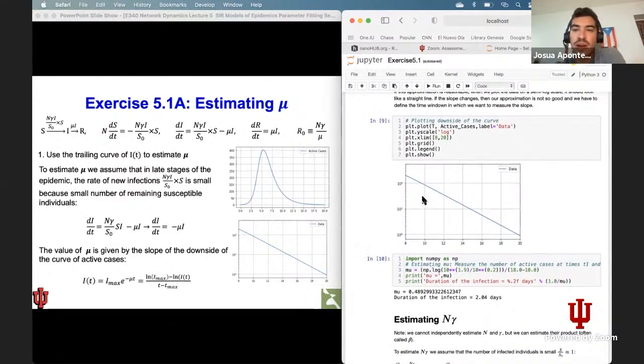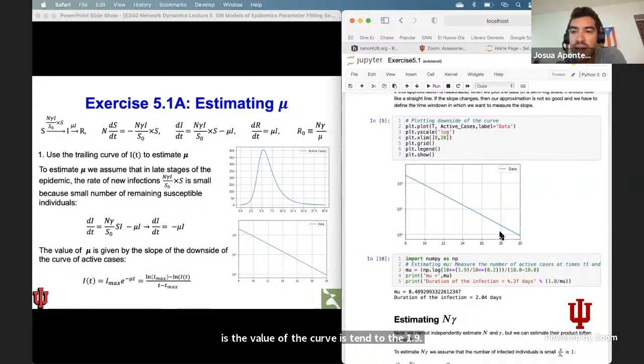Using this slope, we estimated mu by choosing a point on the higher part of the curve. Let's say at time 10, the value of the curve is 10 to the 1.9.